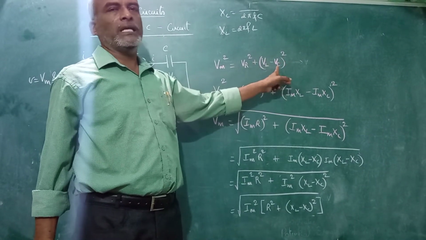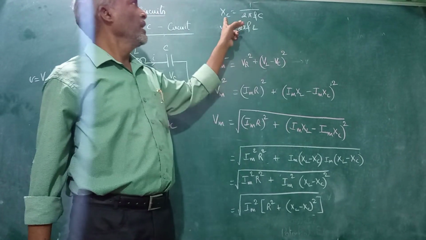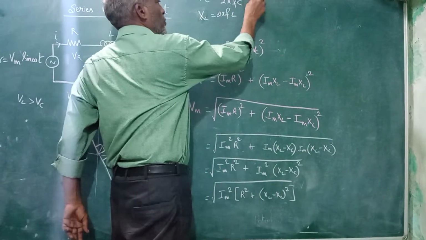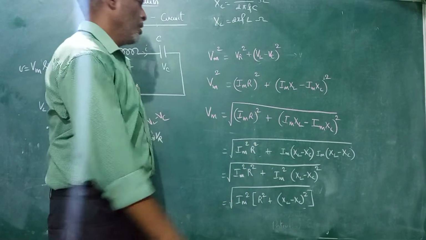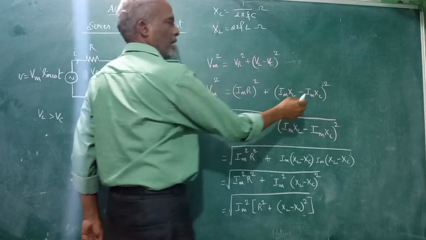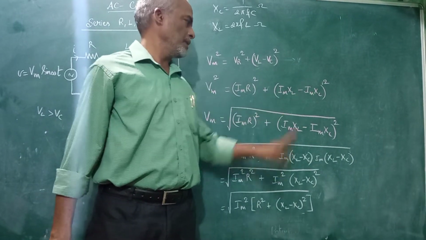The voltage across the capacitance is given by Im into Xc. Now what is the value of Xc? Xc is 1 by 2 pi Fc, in ohms. The unit is ohms for both cases. Now we have two terms, ImXL minus ImXc into ImXL minus ImXc.